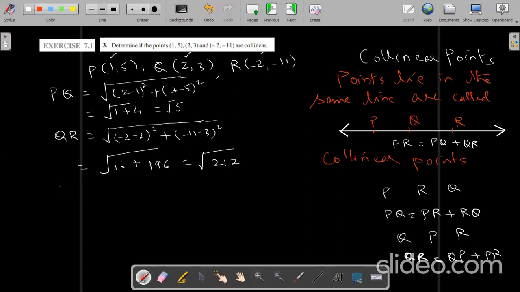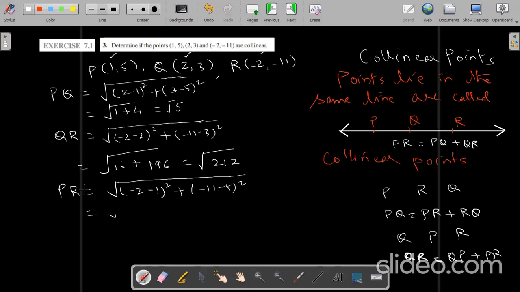And find out the value of PR also. So PR is equal to PR means minus 2 minus 1 whole square plus minus 11 minus 5 whole square.